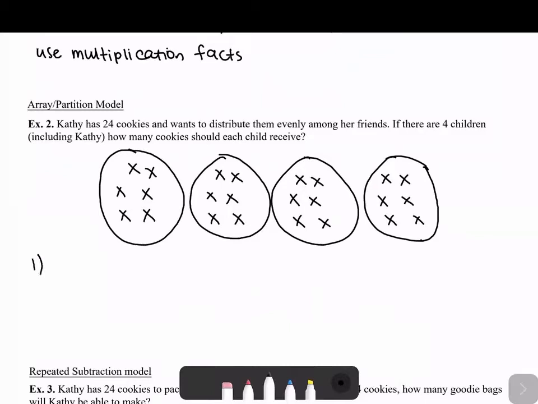So the first thing we did here was start with 24 cookies. Then we created a space to represent each child. Each of these circles represented one of the children.